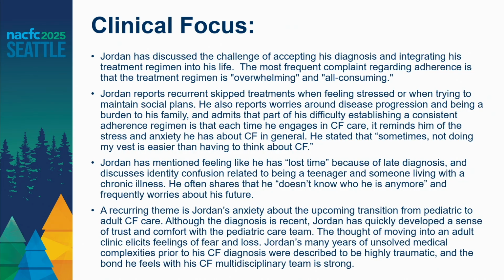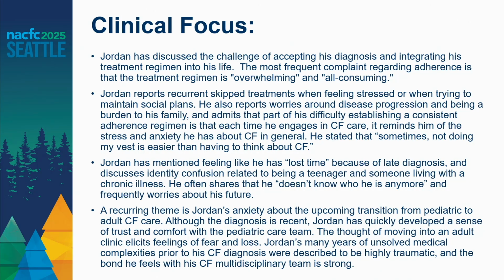Jordan has mentioned feeling like he has lost time because of his late diagnosis, and discusses identity confusion related to being a teenager and someone living with a chronic illness. He often shares that he doesn't know who he is anymore and frequently worries about his future. A recurring theme is Jordan's anxiety about the upcoming transition from pediatric to adult CF care.